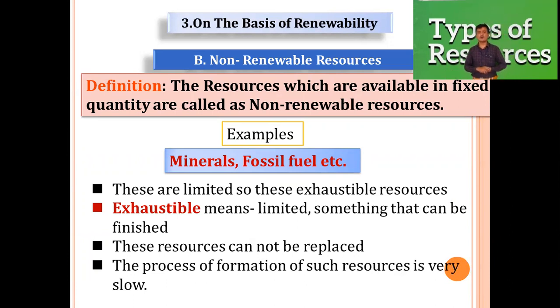The process of formation of such resources is very slow. Soil is a non-renewable resource, and to form it takes millions of years. Fossil fuel is also non-renewable in the short period, but for the long period it is renewable, because it takes millions of years to form.